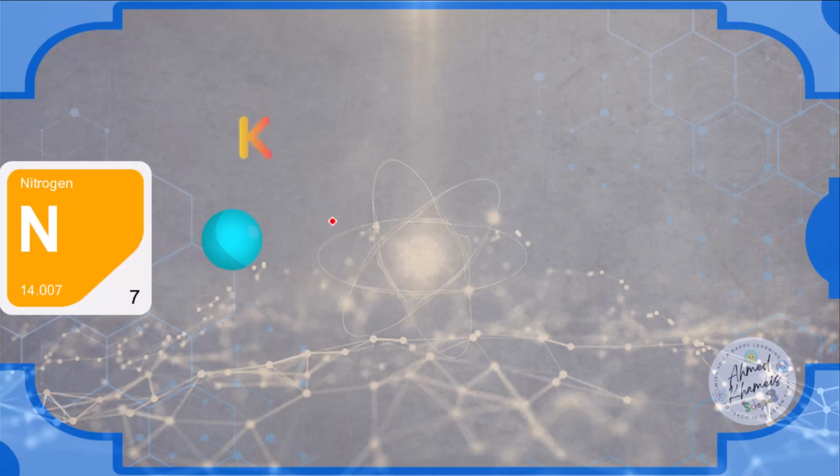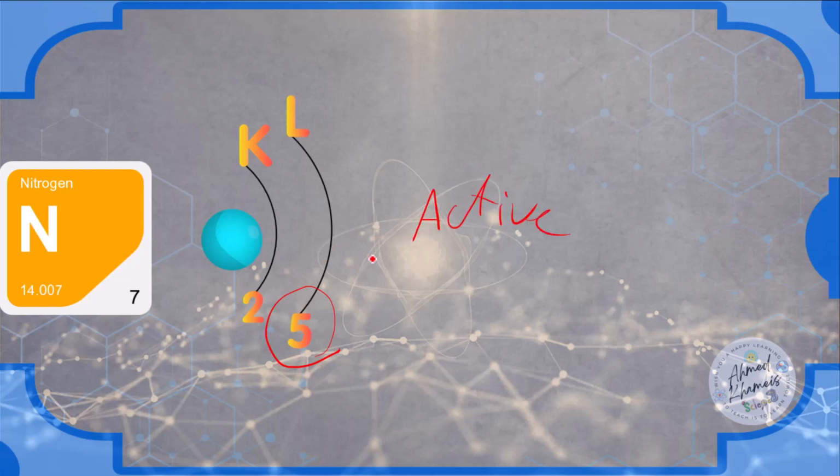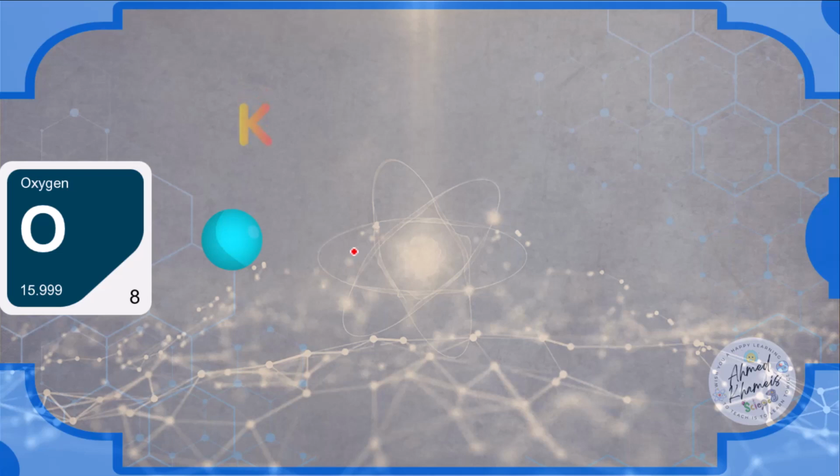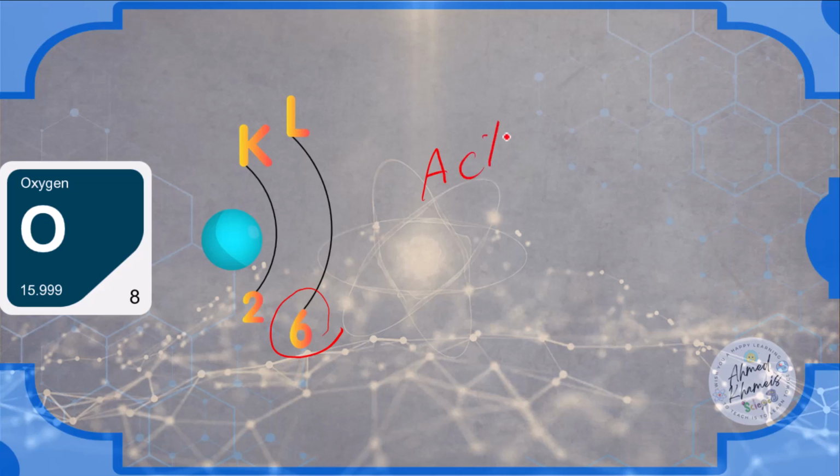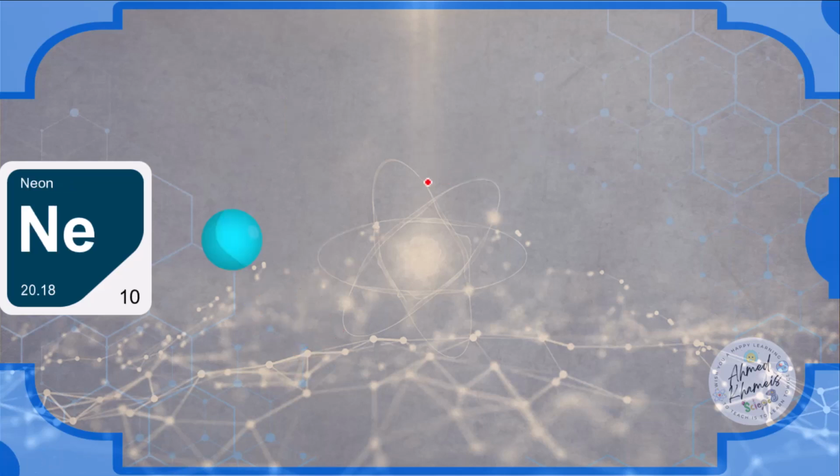Nitrogen, the outermost energy level contains less than 8 electrons, so it's active. Oxygen, again, the outermost energy level contains less than 8 electrons, so it's active. Neon, the outermost energy level contains 8 electrons, so it's inactive.